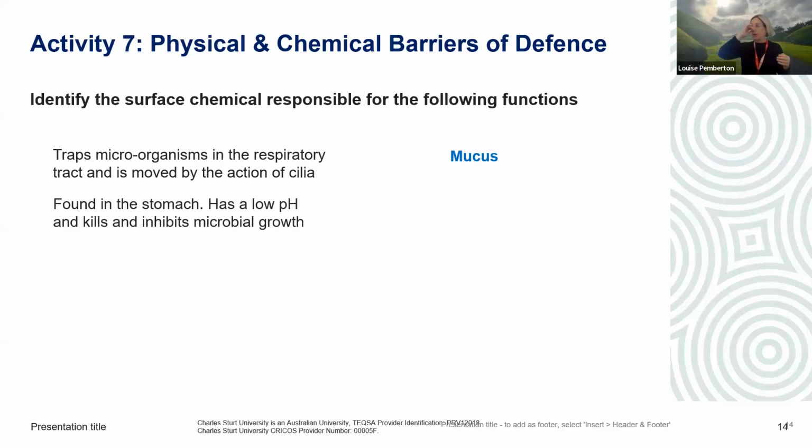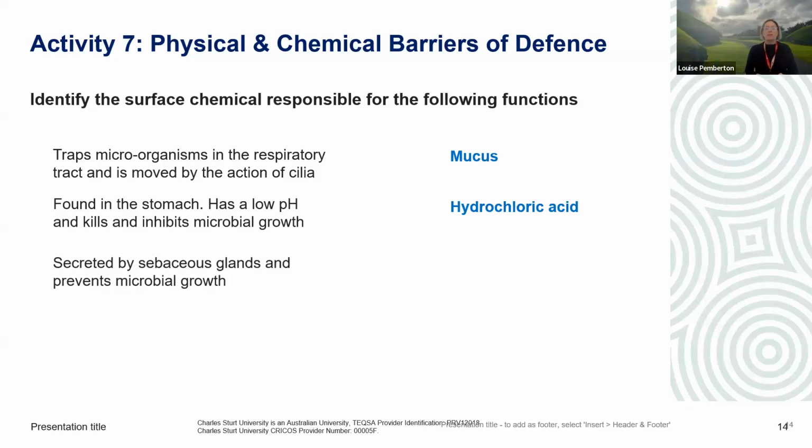Found in the stomach, has a very low pH and kills and inhibits microbial growth. What do you find in the stomach? Yeah, hydrochloric acid, very low pH of 1 to 2. Secreted by sebaceous glands and prevents microbial growth. What comes out of your sebaceous glands in your skin?